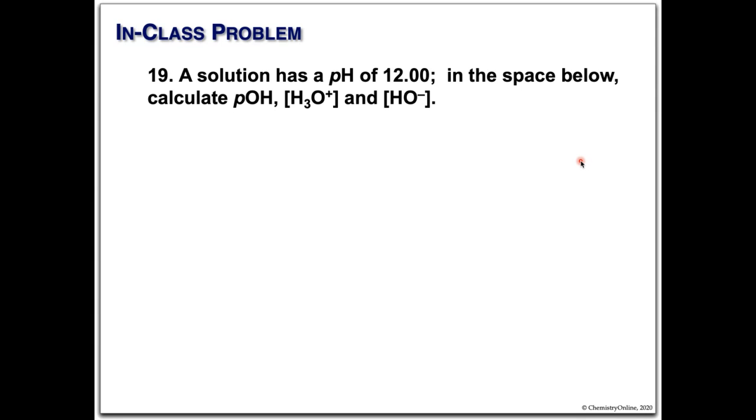It'll explain one more time how to do exponential format. But okay, our pH is 12. Calculate pOH, hydronium, and hydroxide. Just like the tutorial, actually. All right, pH is 12. Hydronium is going to be what? Hydronium is 10 to the minus pH.